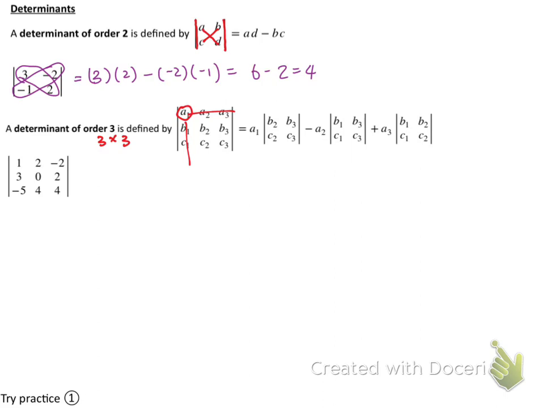Whatever is left will be a 2 by 2 determinant, and that will be what goes following A1, the first number. Then you start over with the second number, A2. Then you cross out the row and the column that A2 is in. You have B1, C1, B3, C3. Finally, we have the third element in our first row, and same thing, we cross out the row, we cross out the column, and you are having B1, B2, C1, C2.